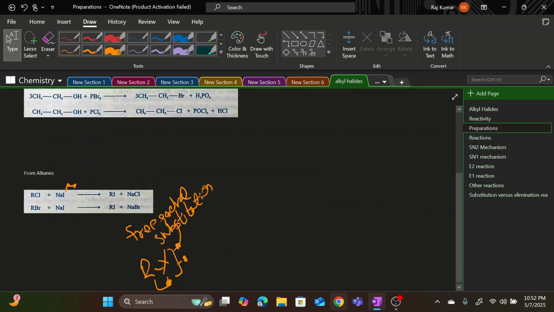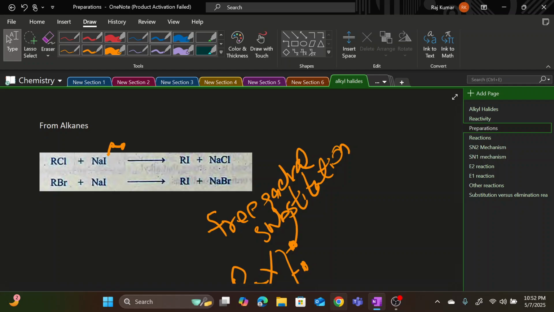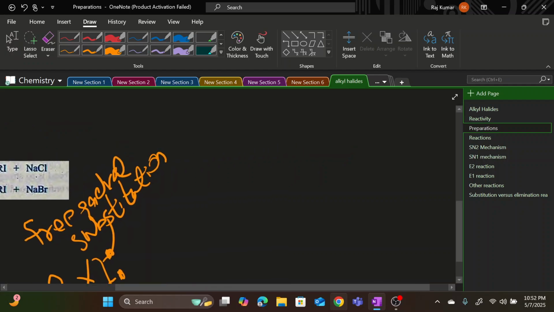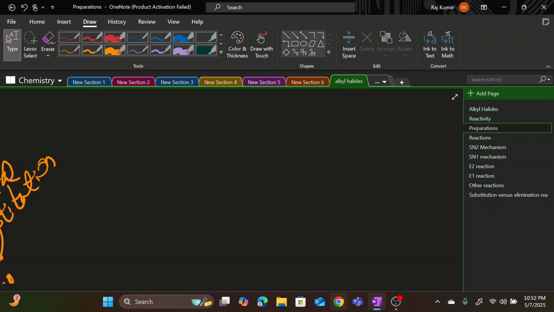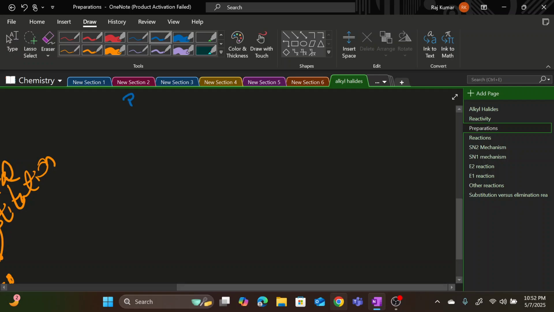Let me just explain it in a pretty simple way. The human body needs iodine. Why does it need iodine? It needs iodine for proper growth and metabolism.